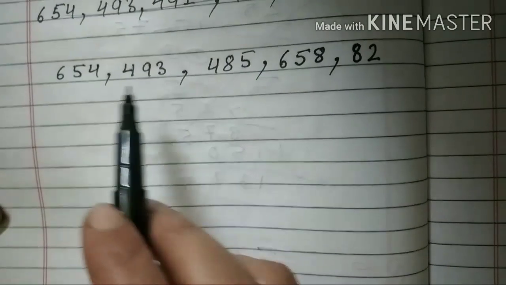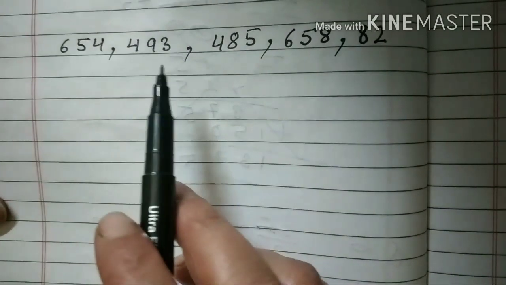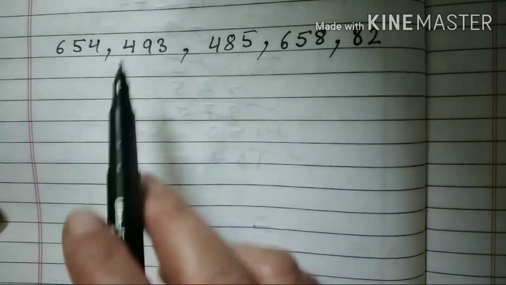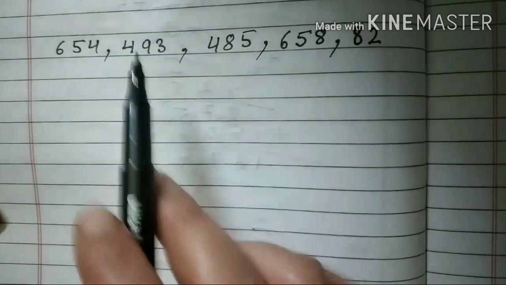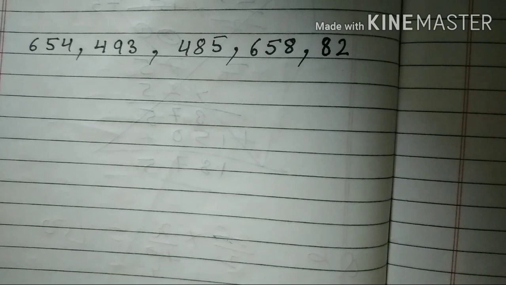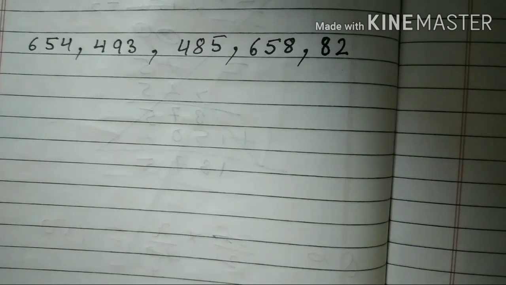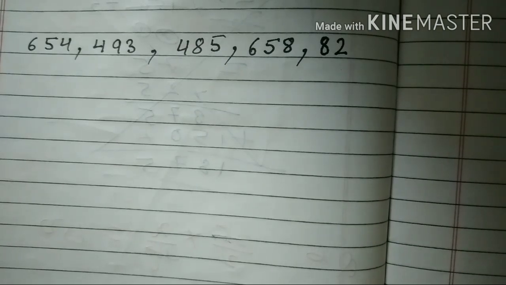Look at the given numbers. These numbers are written in the form of hundreds, tens and ones. In my previous class, I told you how to find out the greatest number and smallest number. So we will use those rules and find out the greatest and smallest number.